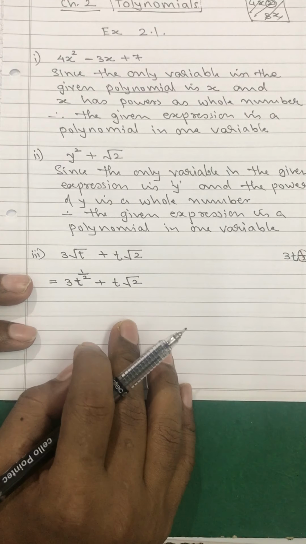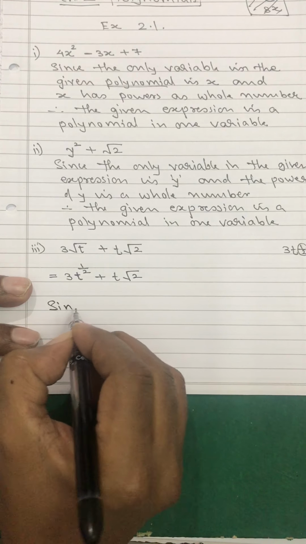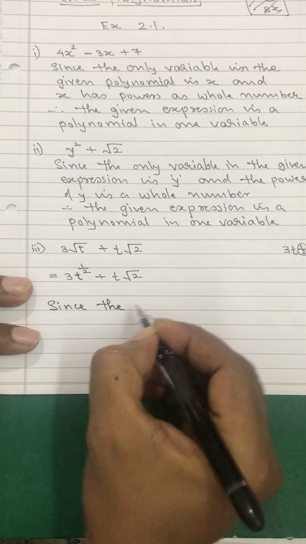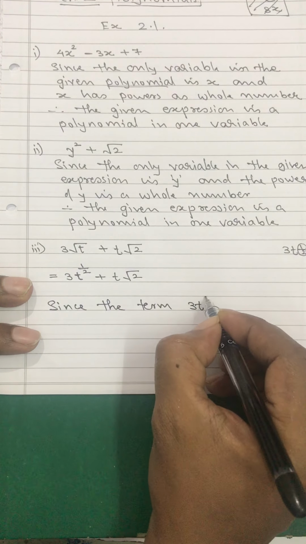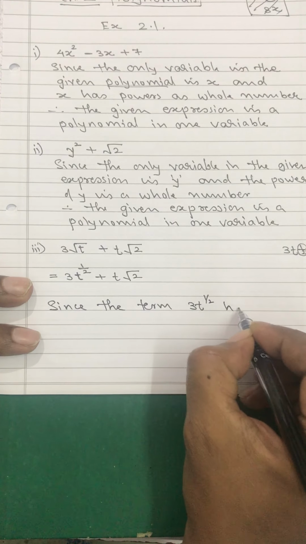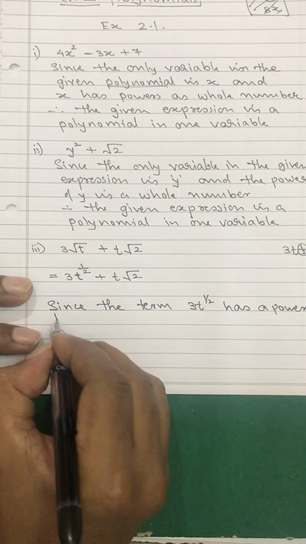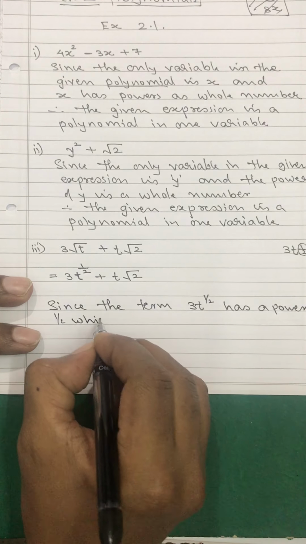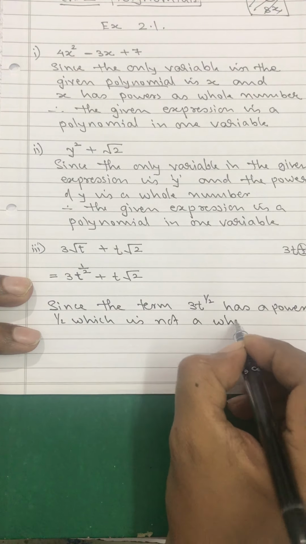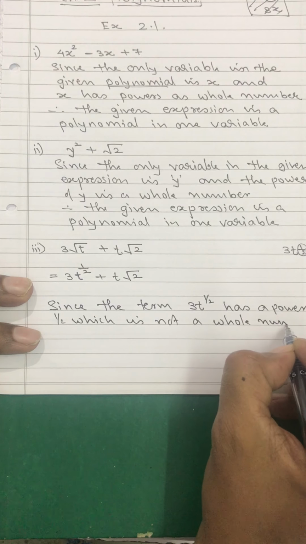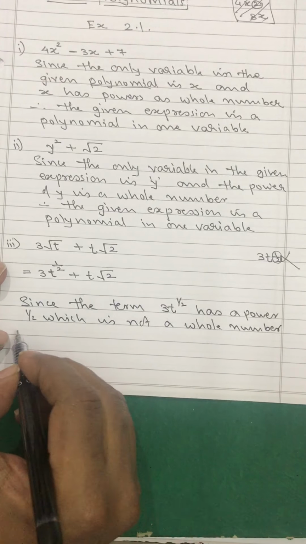And now in this case, in the term 3 t raised to the power of 1 upon 2, the power 1 upon 2 is not a whole number.